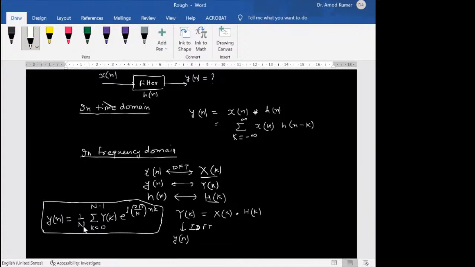Where capital N is the number of samples. What is capital N? Capital N is the number of segments in which the 2 pi interval of frequency has been divided.